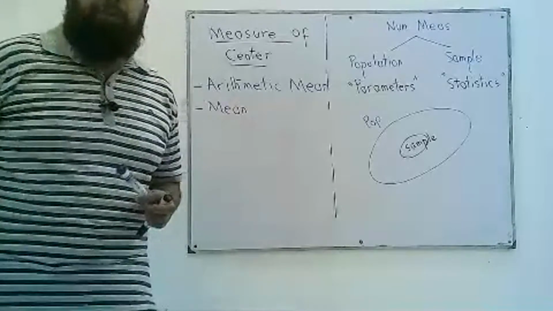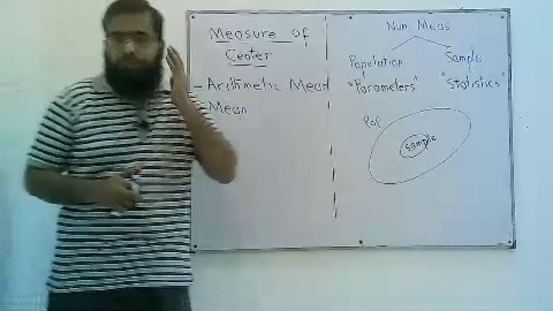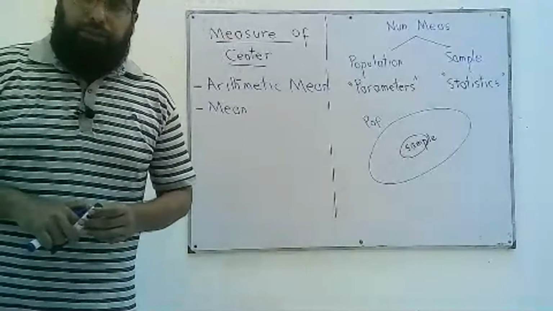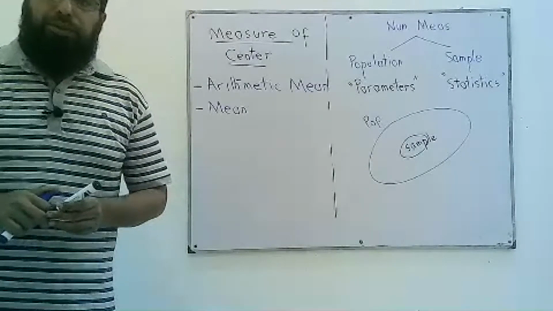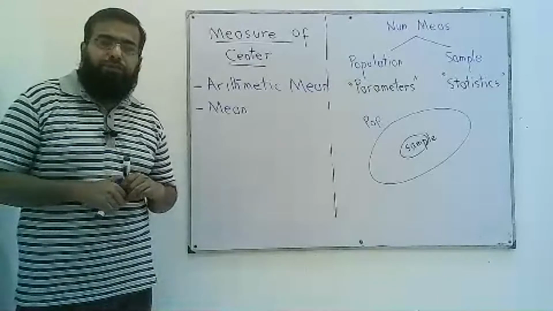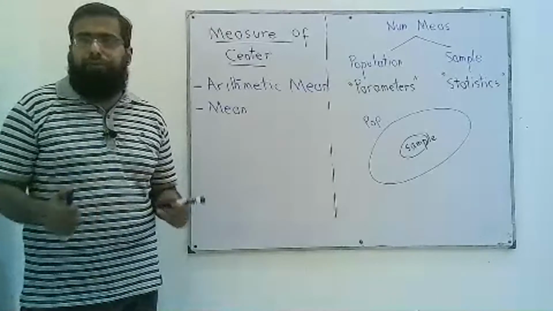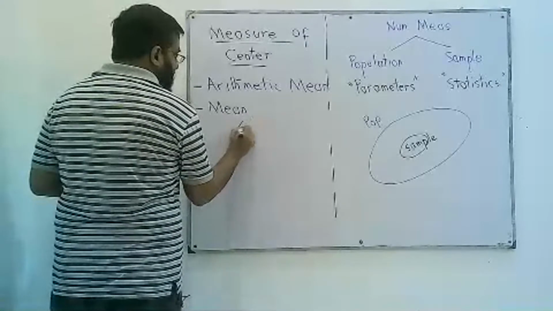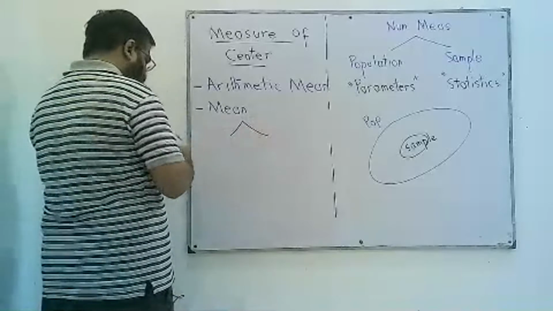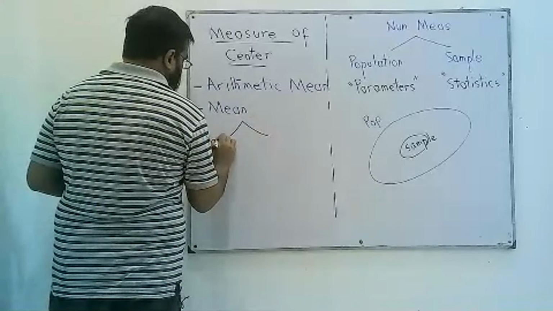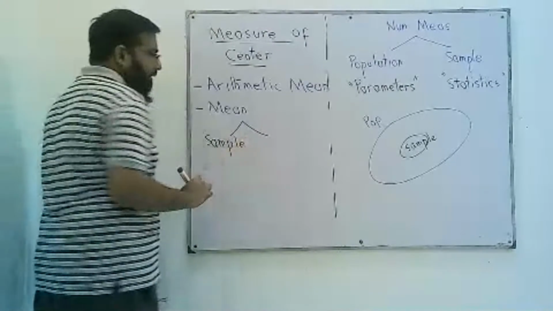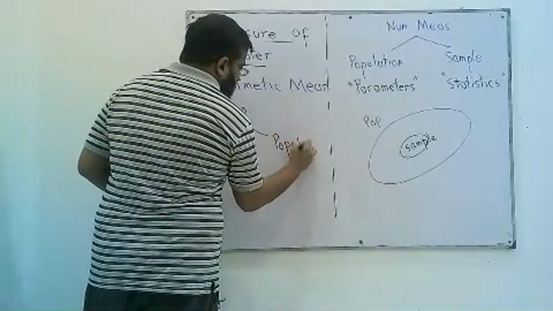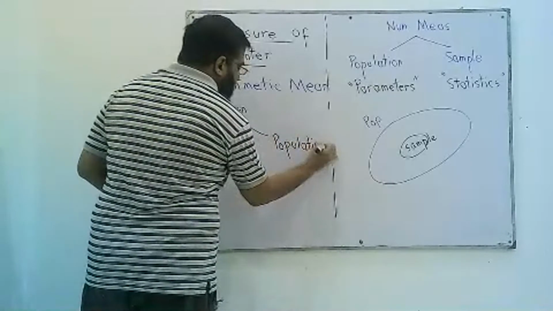It can be calculated over a sample as well as over a population, but you should keep in mind that computing the mean or any numerical measure on the data of a population is very difficult and requires a lot of effort and time. If we compute this mean on a sample, of course that would be a statistic, and if we compute it over a population, that would be a parameter.